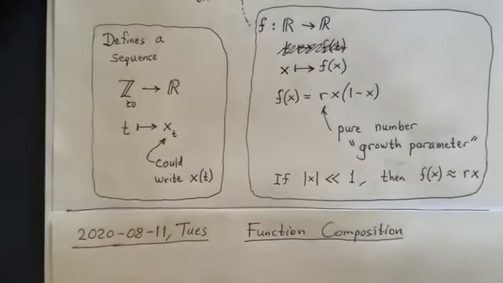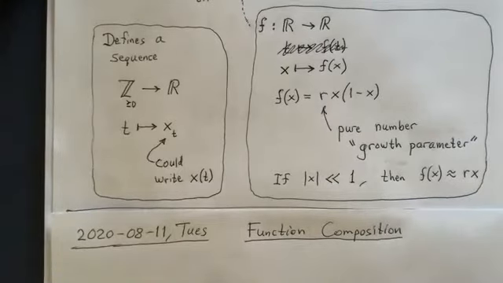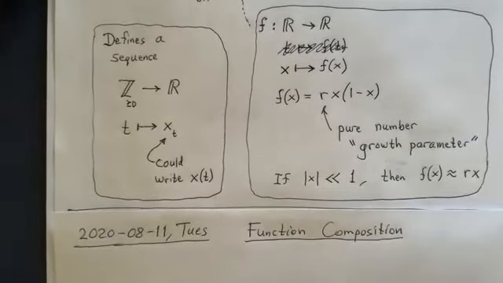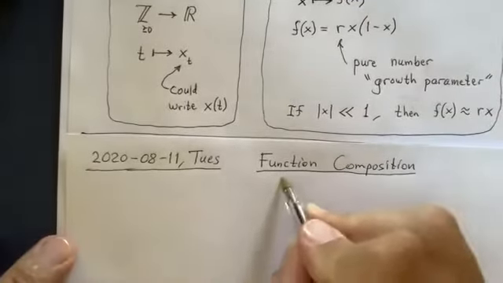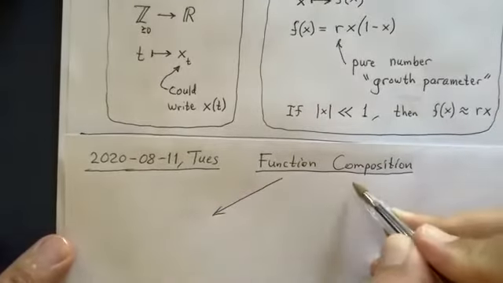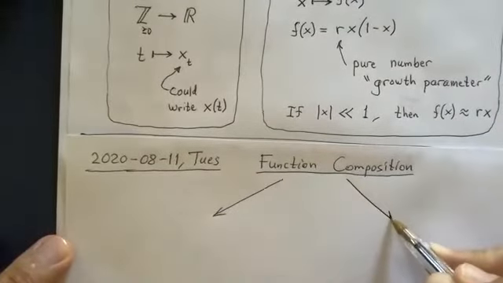So the verb here is to compose, right? Compose. So how did we use functional composition in the past, and how is it relevant to the current homework assignment? So let's have a look at those two topics like so.